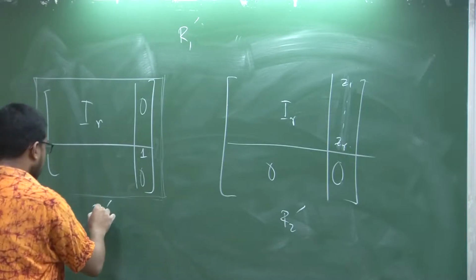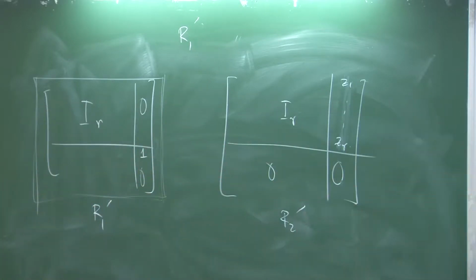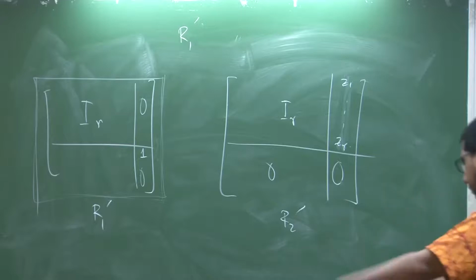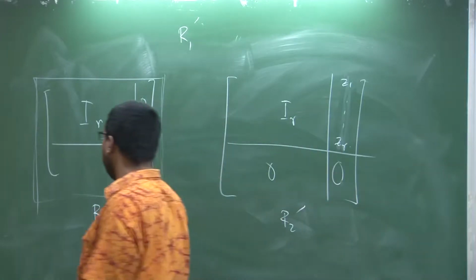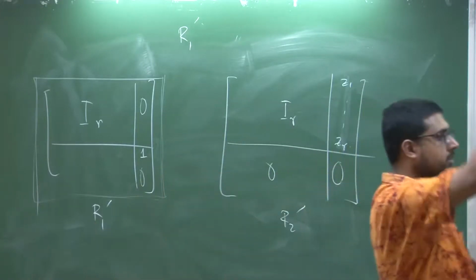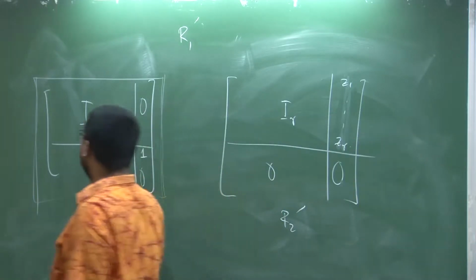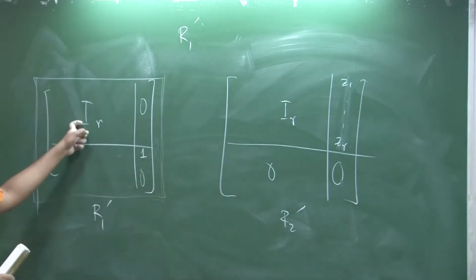We excluded the trivial null possibility in the beginning, so we can assume both R1 dash and R2 dash are non-zero. Therefore, their first non-zero column has to be 1 on the top position and 0 elsewhere. So, this is a system having at least one variable.